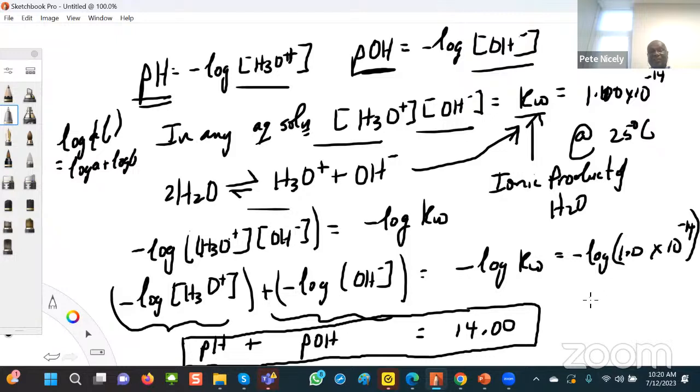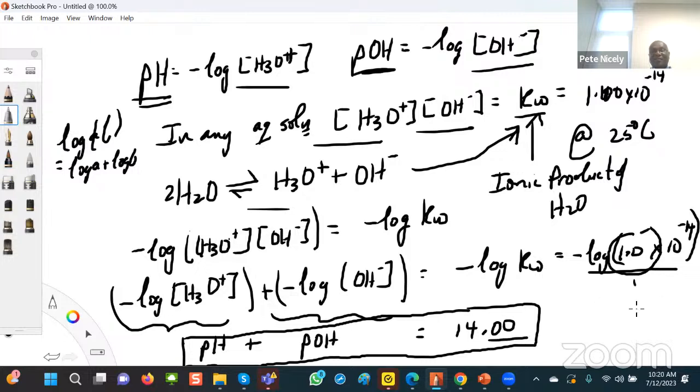Now, another thing I want to mention has to do with significant figures, all right? When it comes to applying the log function. To be perfectly honest, I'm not sure of the reason why this is the case. It has something to do with algebra. But whatever the number of sig figs, when you apply the log to it, you have to round off your answer to the same number of decimal places.